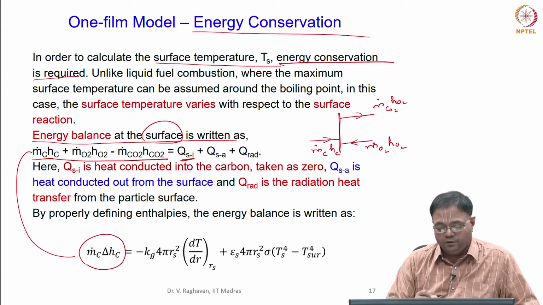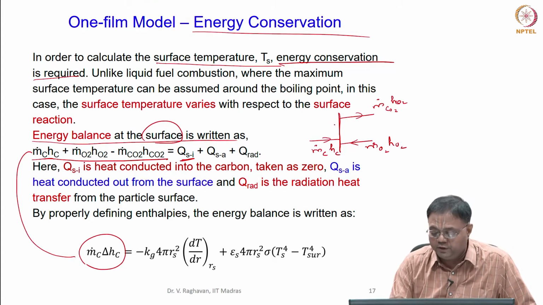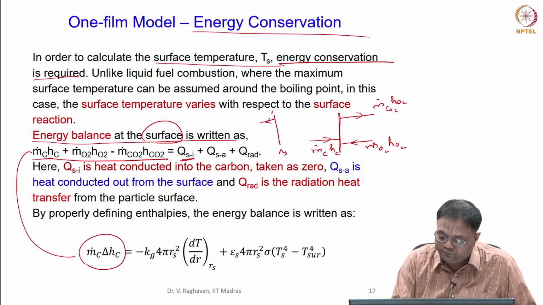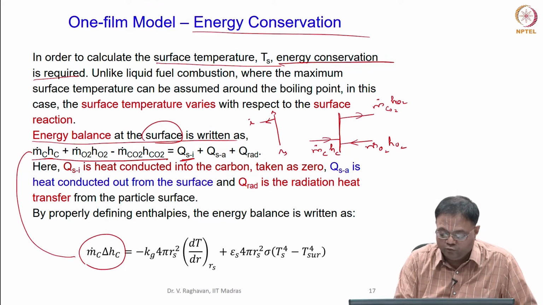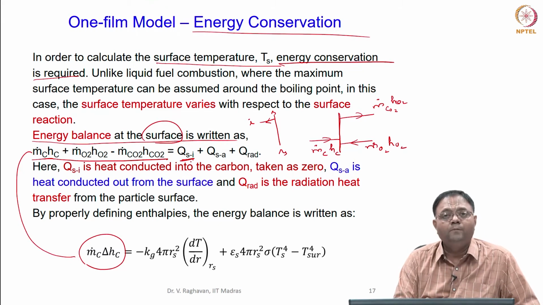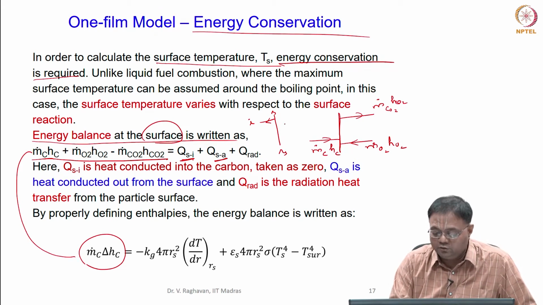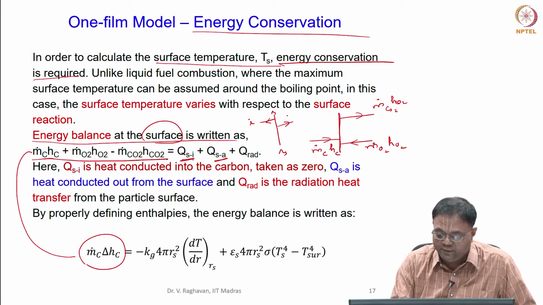With surface Rs, there will be heat conduction from the surface to the interior of the carbon particle, Qs to i, and heat conduction from the surface to the ambient, Qs to a.